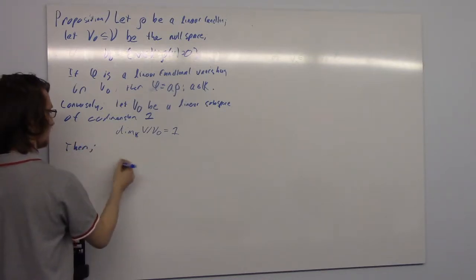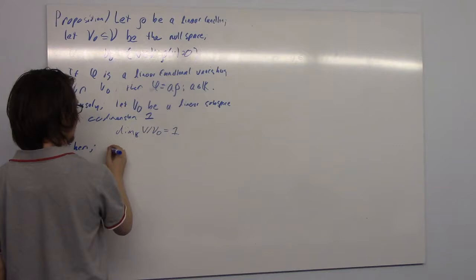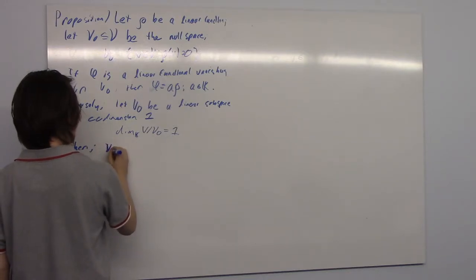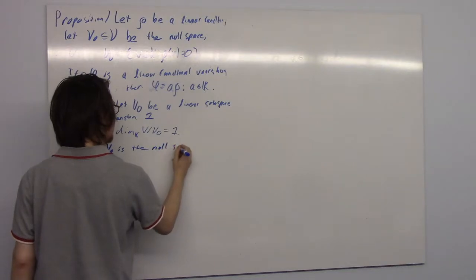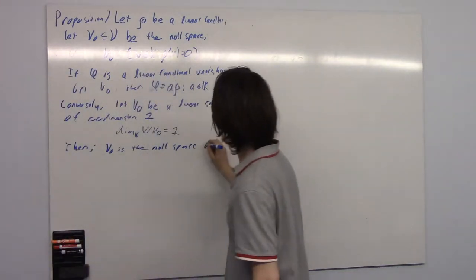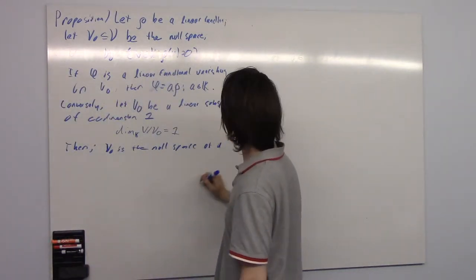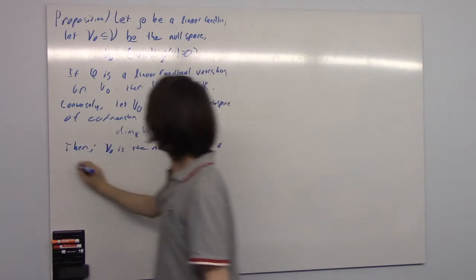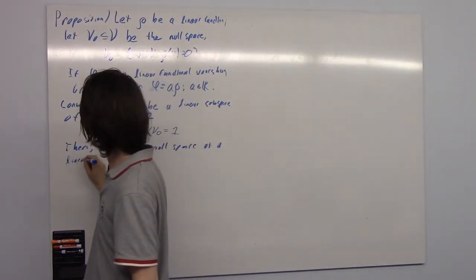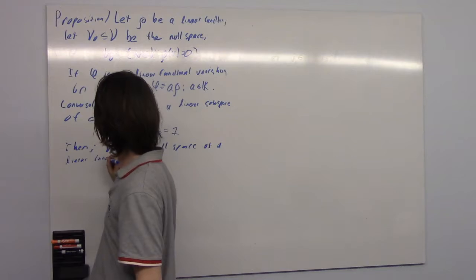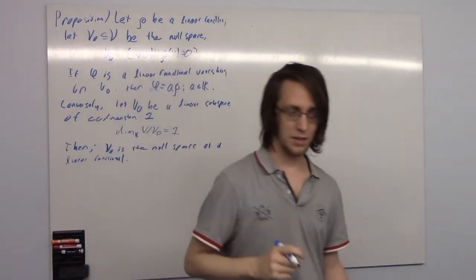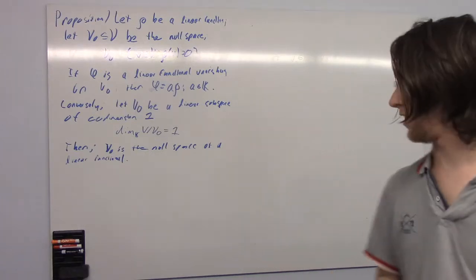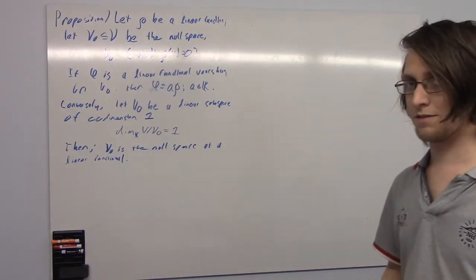Then V naught is the null space of a linear functional. What this means is you can characterize linear functionals by their null space.